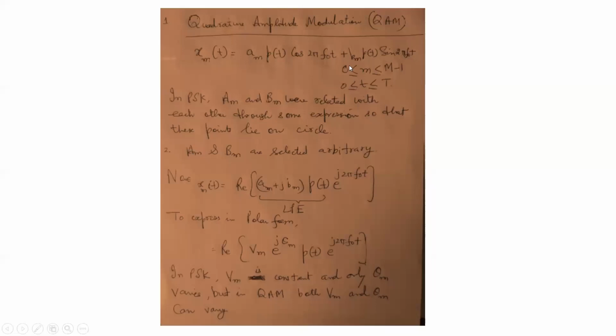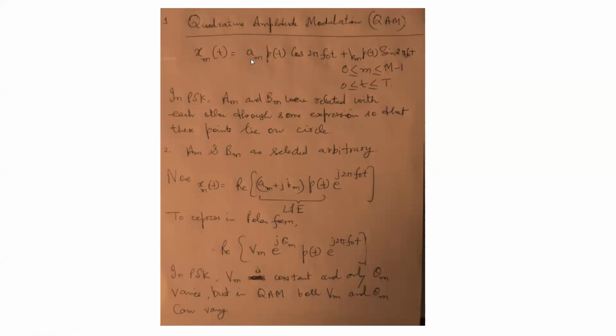Okay, now let us come to another type of modulation technique, which is quadrature amplitude modulation. What is the general equation of the quadrature amplitude modulation scheme? This is the modulated signal, and it will be given by A_m p(t) cos 2 pi f naught t plus B_m p(t) sin 2 pi f naught t.